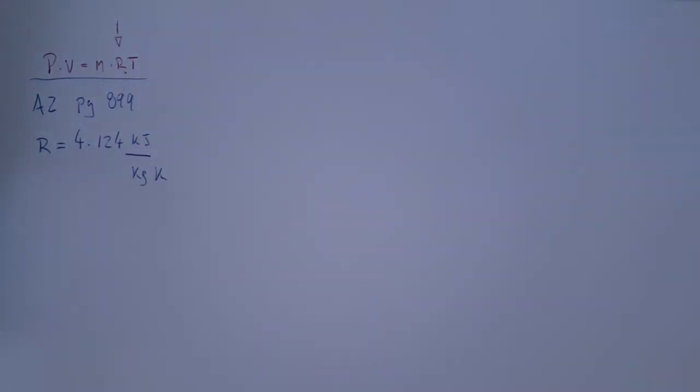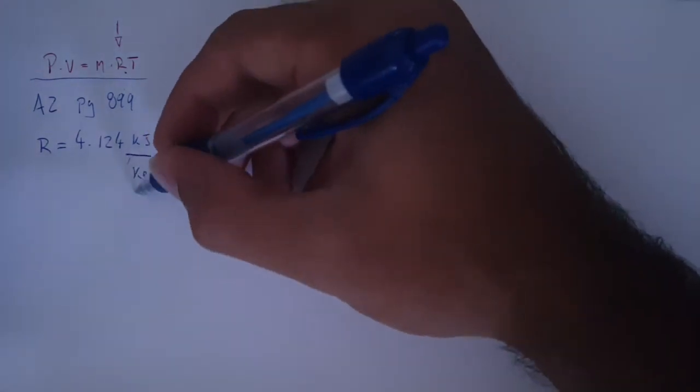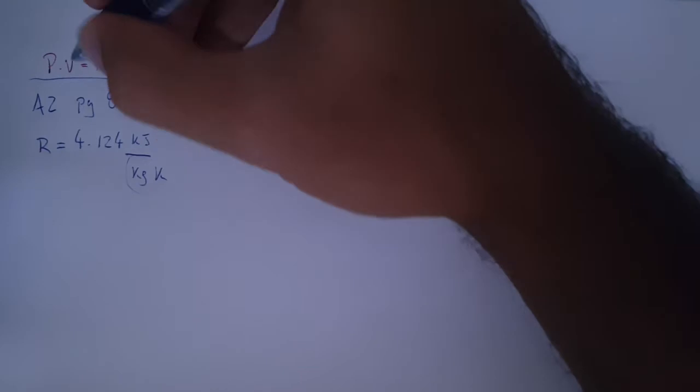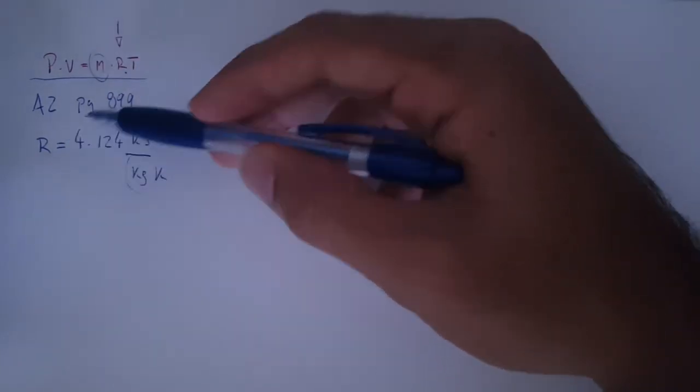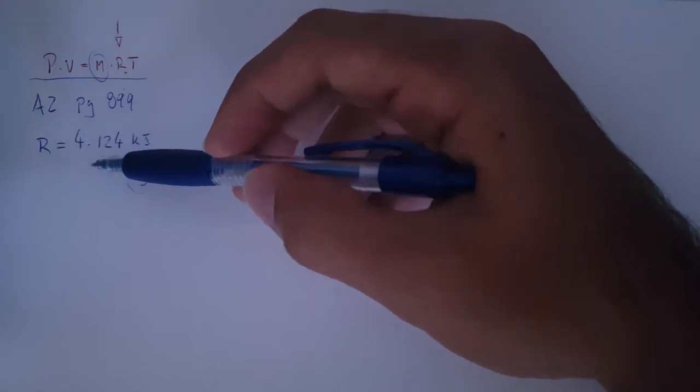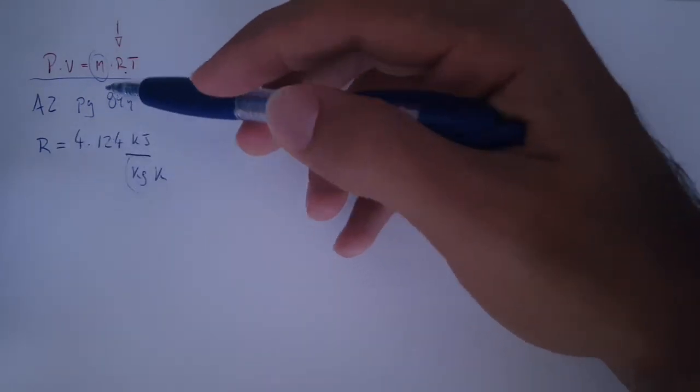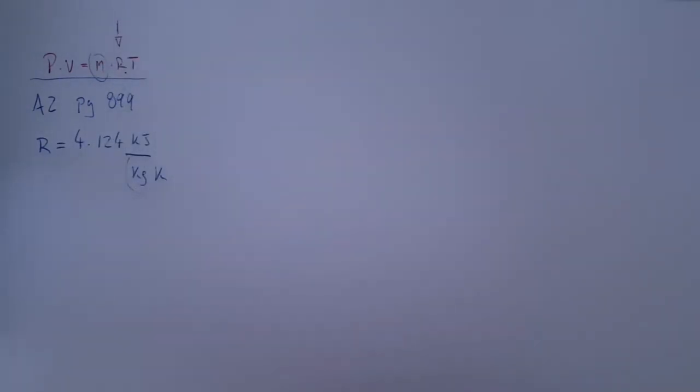So if you go straight to the R that already relates to mass, well, you can grab off this equation here the mass. Your other option is to use a general R, which is the same for every single different gas, and then you're going to grab the number of moles, and then you have to relate to the periodic table to find the mass of your given situation. Up to you. They will render the same result.